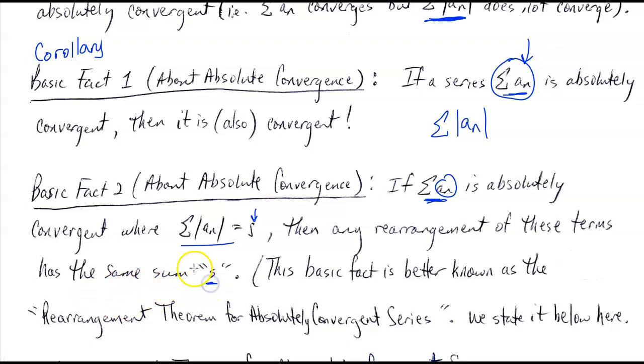So in other words, if we were to list out a bunch of terms for the series and reorder how we did it, and add them up for an absolutely convergent series, it doesn't matter how we do it, it's still going to add up to the same thing.